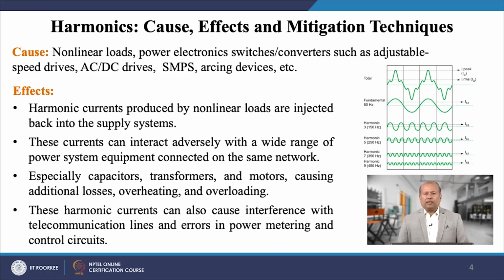You can see an example in the given figure. The fundamental component of current is at 50 hertz, and subsequent harmonic components of 3rd, 5th, 7th and 11th are also present. The resultant current waveform is distorted.